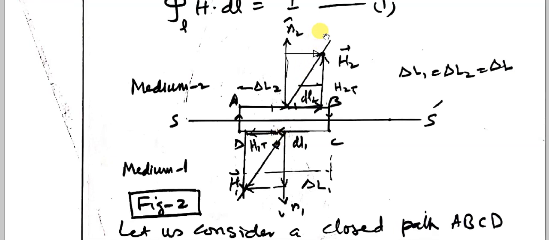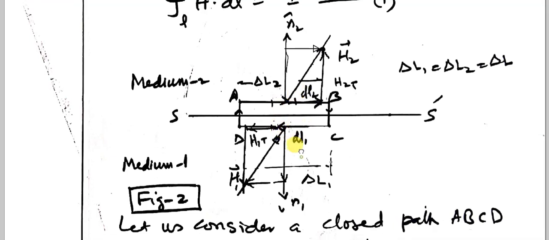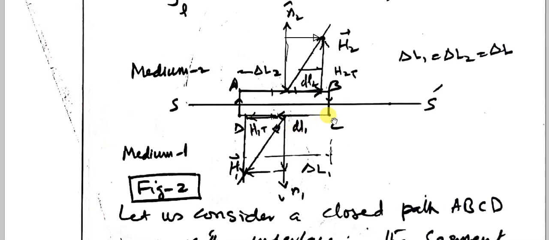So delta L1 and delta L2 are the same, equal to delta L, but the only difference is they are in opposite directions, but anyway they have the same length if we measure the length from A to B or C to D. N1 and N2 are again the same unit vector normals.